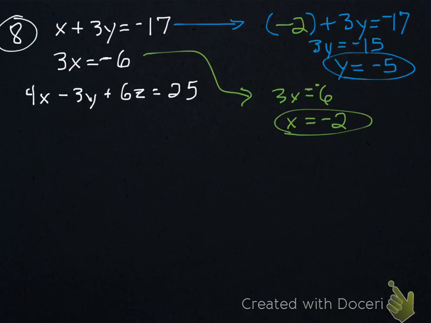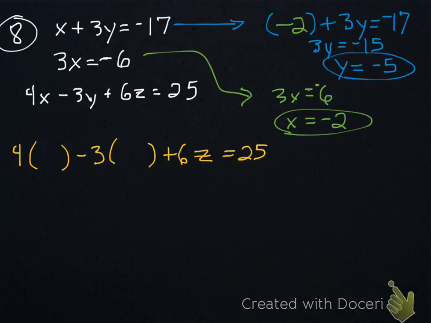So now I have x and I have y. Super easy. Let's just plug it in and find the z. We have 4 times x minus 3 times my y plus 6z equals 25.